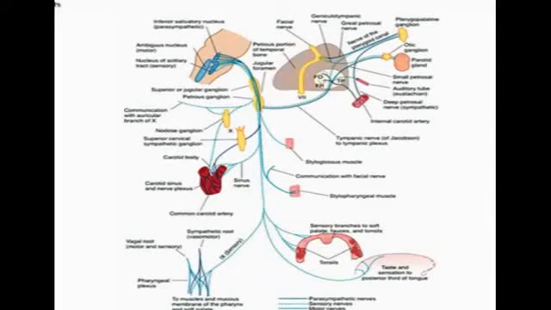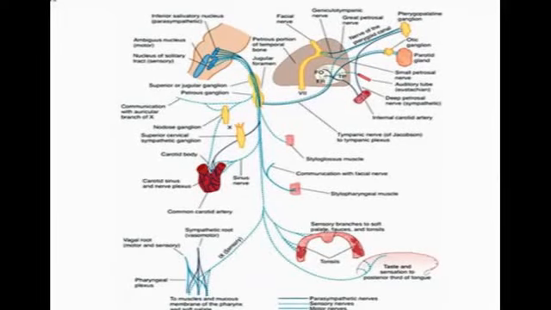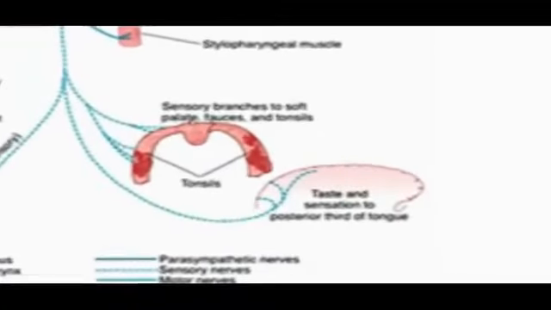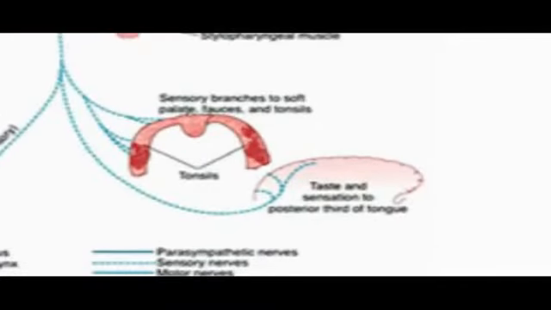Okay, thank you. For that slide, I want to show you again. It is a complicated picture for you. It's more medical, but just see, please, on the bottom right of the picture it is written sensory branch to soft palate, face, and tonsils. And in front of that is your tongue.